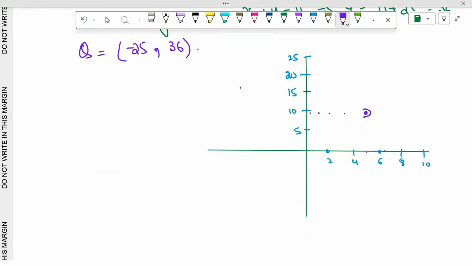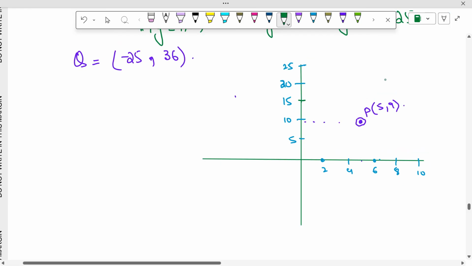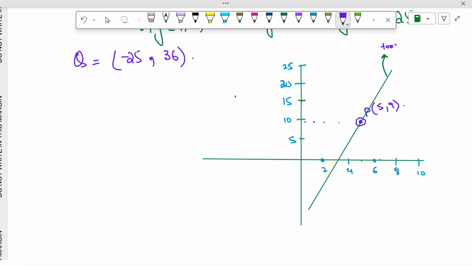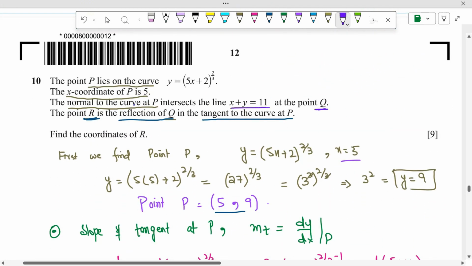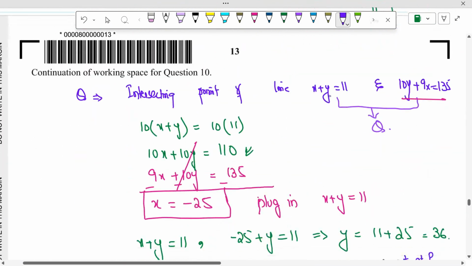This point is P, which is (5, 9). And suppose this line is the tangent to the curve at P, and this is the normal to the curve at P.